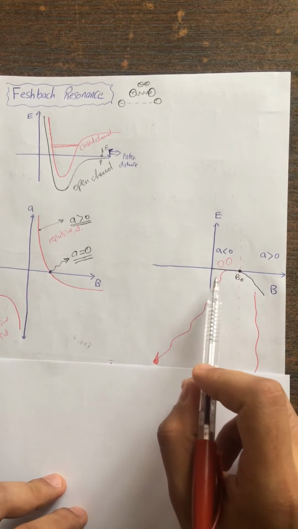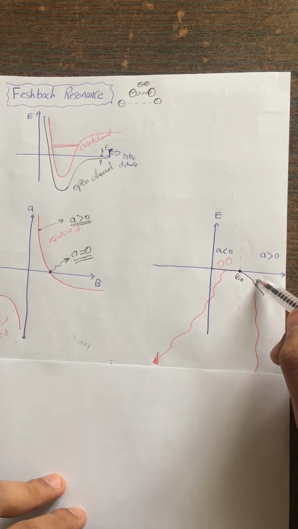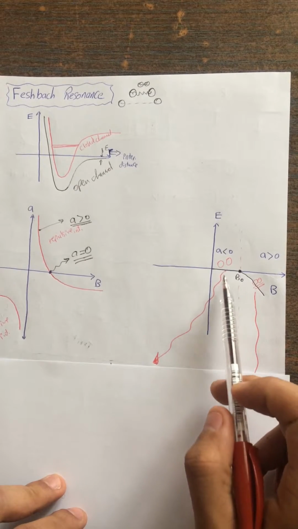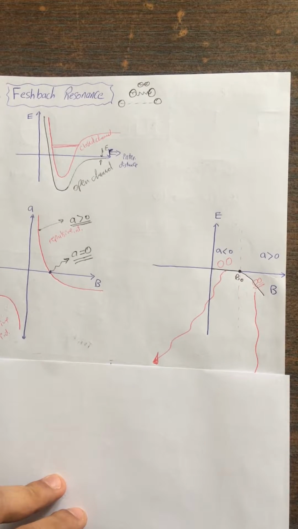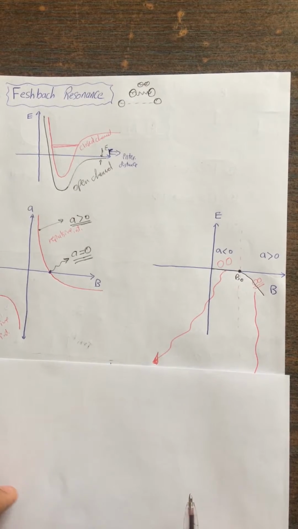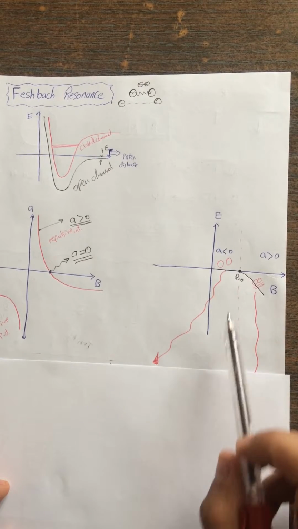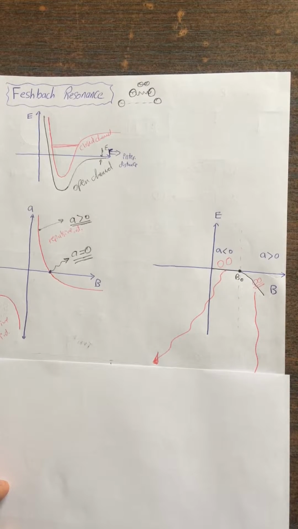By the action of magnetic field sweeping, you can go from an unbound state to a bound state here, and this bound state is a molecular pair. So you form a Feshbach molecule. Before forming a Feshbach molecule, you just have two separate atoms. So ultra-cold atoms can be manipulated and tuned this way: you have two ultra-cold atoms, you go into an ultra-cold molecule. Both regions here and here are characteristic.